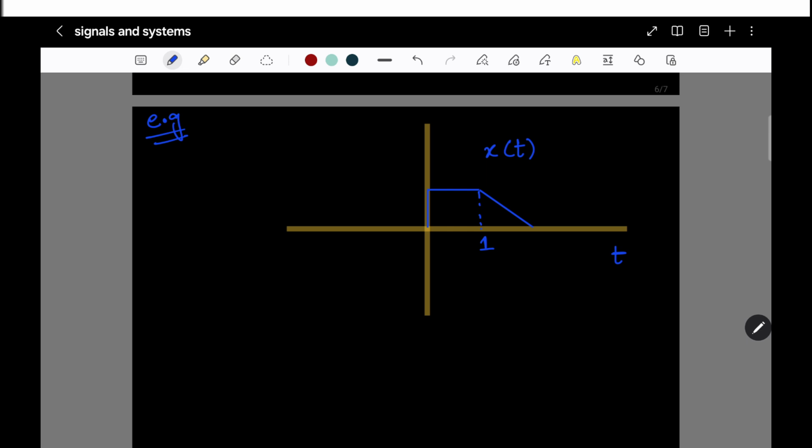At 1 it has a value of 1, at 2 it is 0, and then at all other points it is 0.